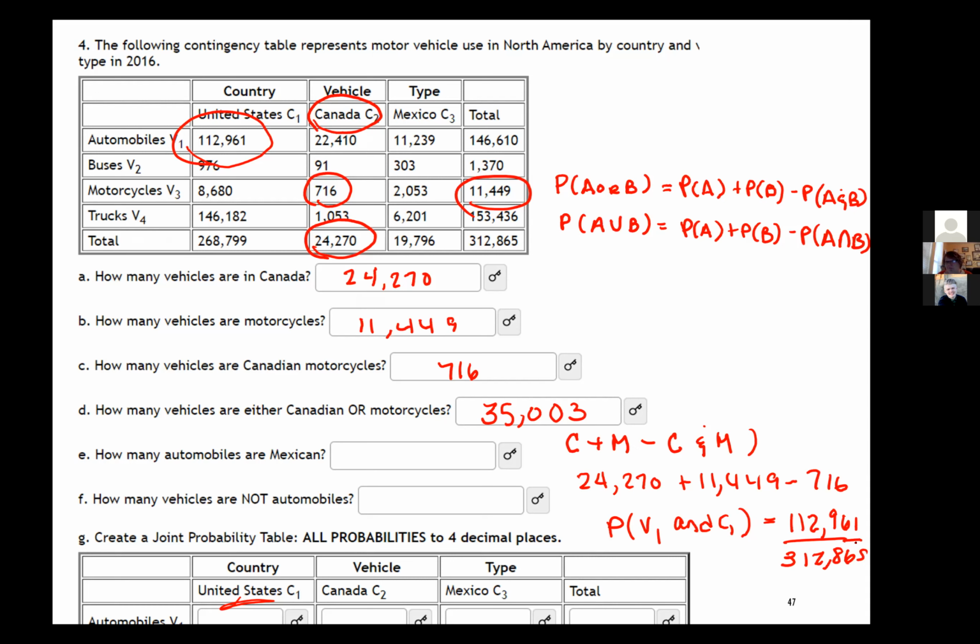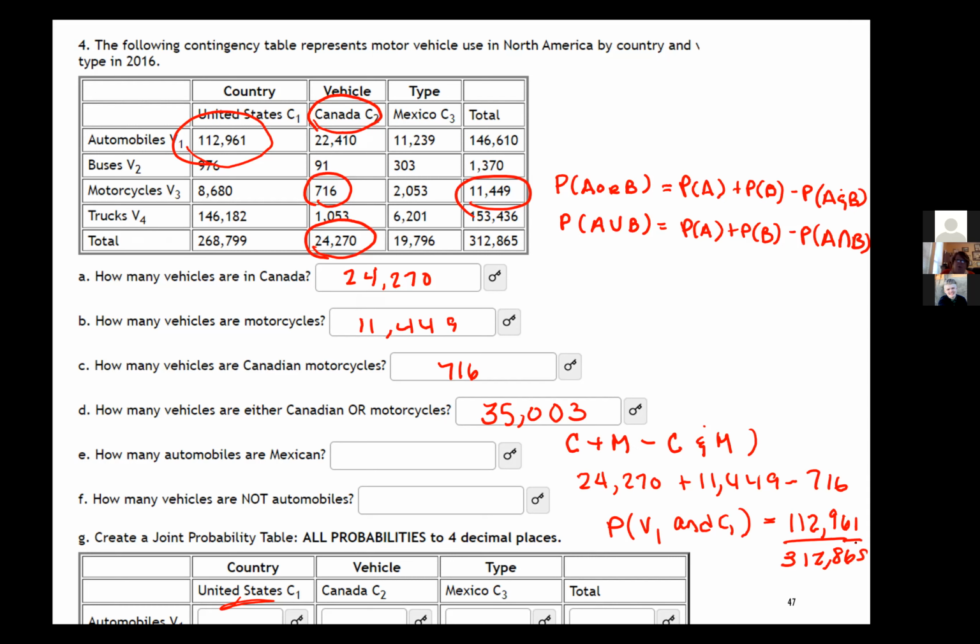There's a bunch, and you have to continue doing this for the entire table. For example, in that first row, the total number of automobiles is 146,610. The total number of vehicles we're looking at is 312,865. So the probability that you randomly pick an automobile out of all these vehicles is 146,610 divided by 312,865.